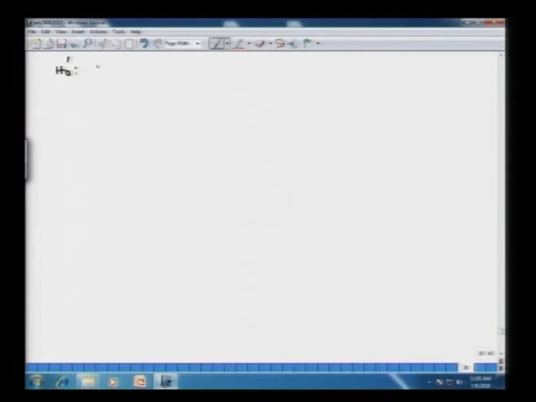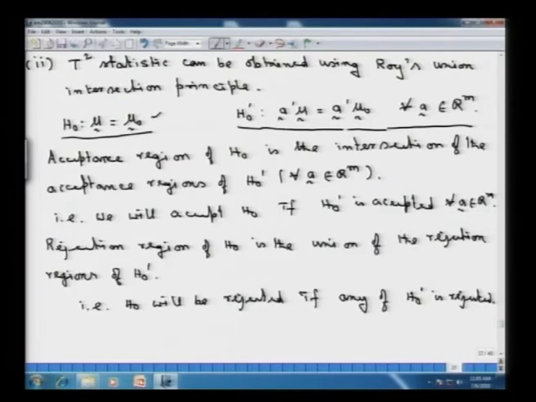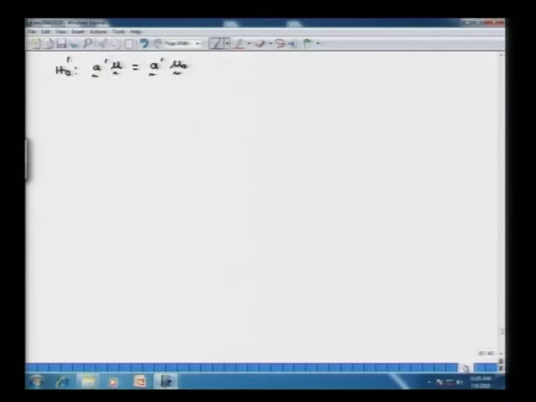So, H naught prime is A prime mu equal to A prime mu naught. Suppose I take this one hypothesis here, H naught prime: A prime mu equal to A prime mu naught for a particular A vector. Now, in order to test this particular hypothesis, we are going to make use of the following.